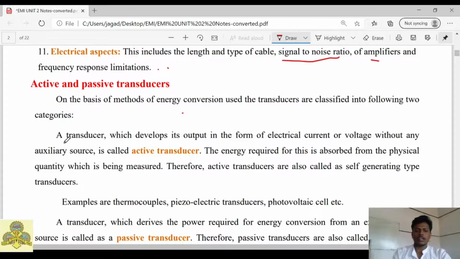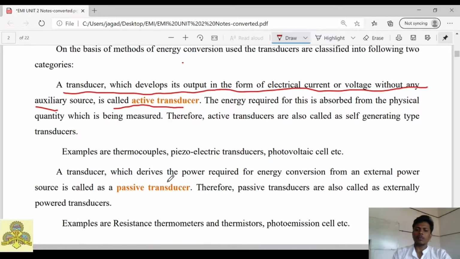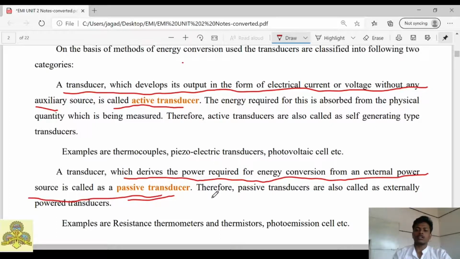You can see here, a transducer which develops its output in the form of electrical current or voltage without any auxiliary source, that is, if the transducer is not using any auxiliary source, is called an active transducer. In the case of a passive transducer, you can see the definition: a transducer which derives the power required for the energy conversion from an external power source is called a passive transducer.